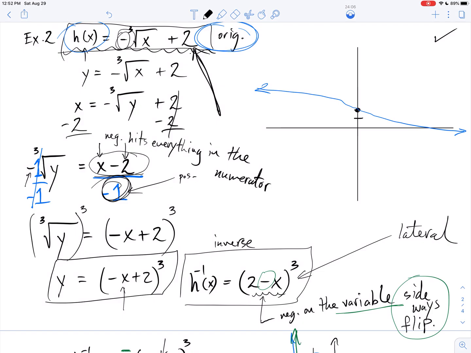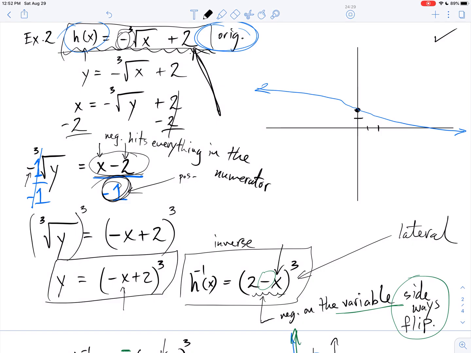But lateral motion is always inside parentheses, and how do you know which way it's going? You set it equal to 0 in your head. So, what magic number would I have to put here to make the inside of that parentheses 0? The answer would be 2. So I'm going to go 2 units to the right.